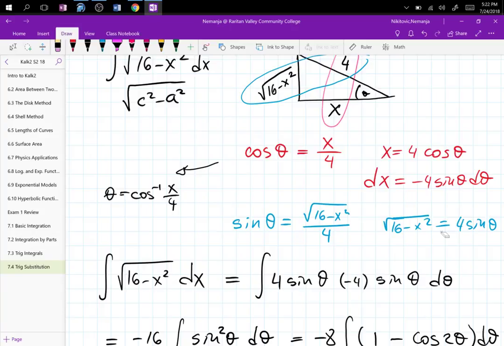So you have plenty of these to look at. What do we have? 25 minus x squared. We just did 16 minus x. Is this the same problem? Yeah. No. This is 1 over, and the other one we did was on top, right? This is the same problem we did with 100 instead of 16.